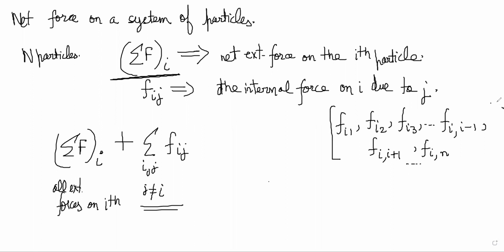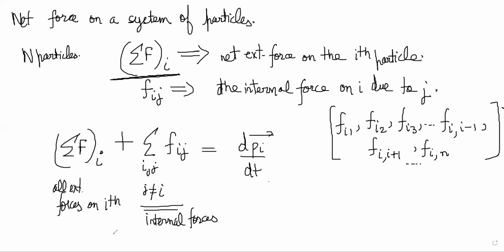Basically, there are n particles, and every other particle might exert a force on the ith particle. We are just adding up all of those internal forces. So the sum of the external forces plus the internal forces should give you the total force on the particle, and that should be equal to dpi by dt, right? This is the momentum of the ith particle.